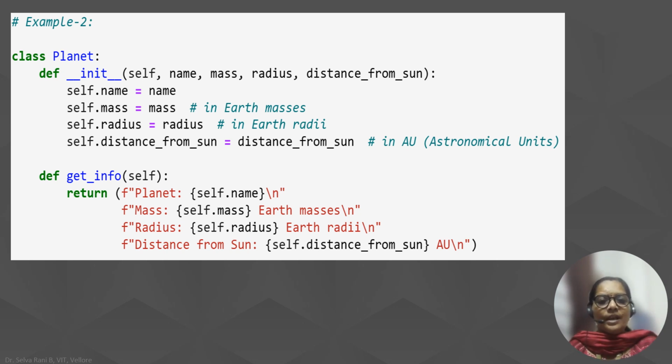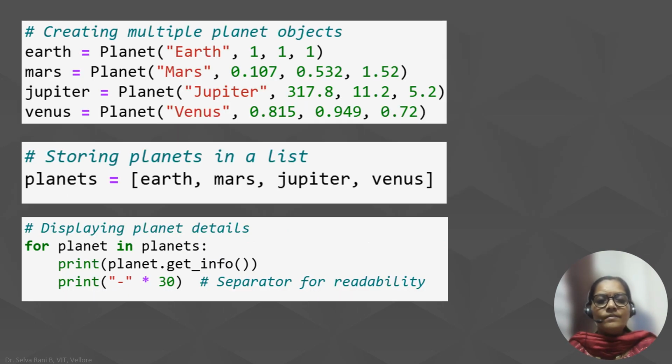So let's now create some more number of objects to this particular class Planet. Let's create multiple planet objects like Earth, Mars, Jupiter and Venus. And we are having specific attributes for the specific planet as shown on the screen.